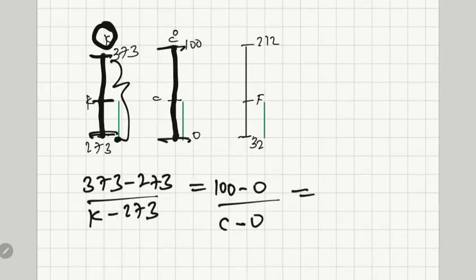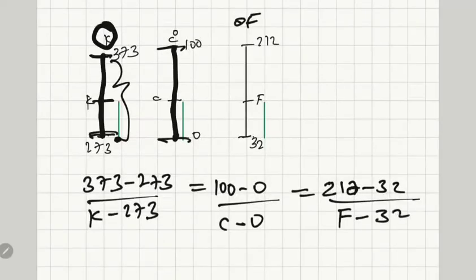And in Fahrenheit, the upper fixed point is 212, minus the lower fixed point, so the number of divisions is 212 minus 32, over the length of the green line, which is F minus 32. Now, the ratio of the length of the dark line to the green line for scale X and scale Y are equal.